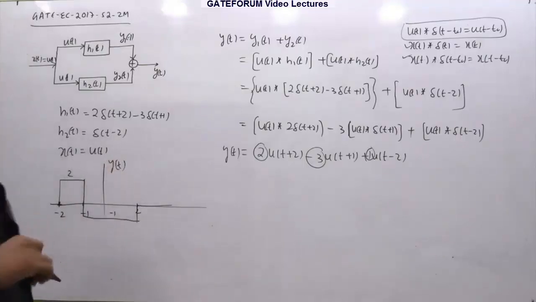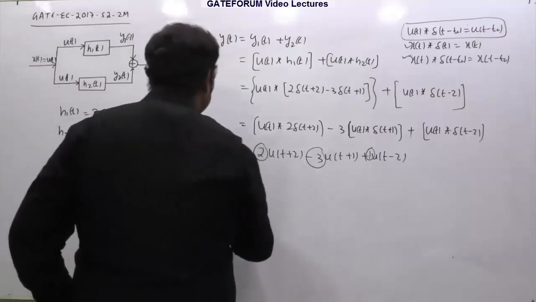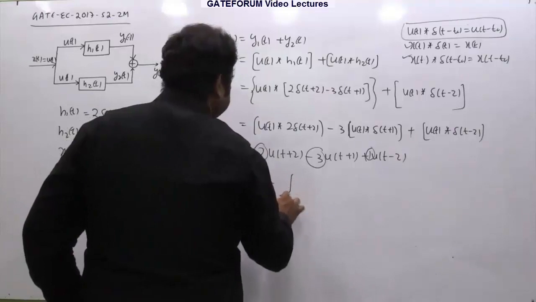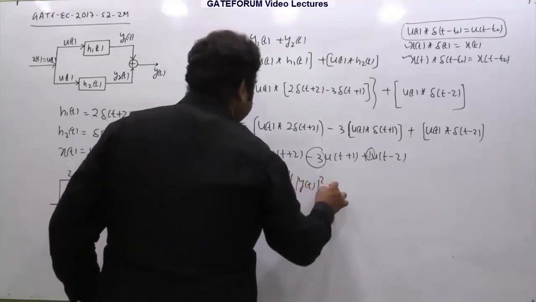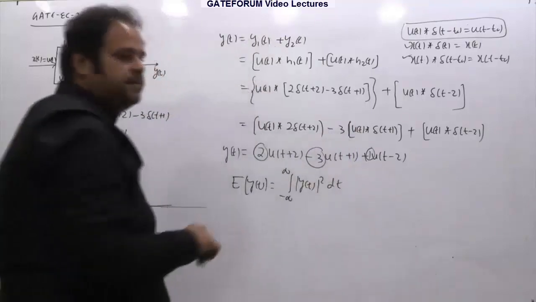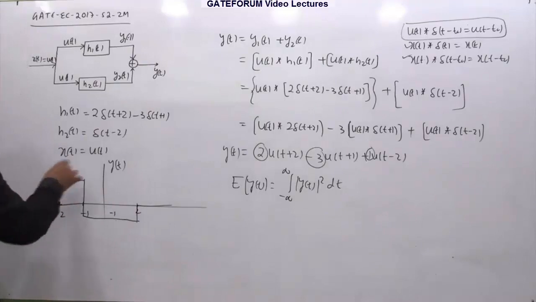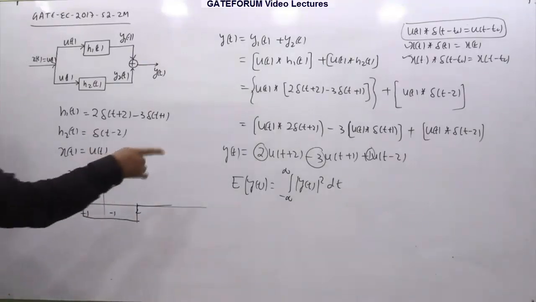We are supposed to find the energy of y of t. The energy of y of t is given by the integral from minus infinity to infinity of mod of y of t squared dt. Because in this case it is a real function, the mod doesn't have any role because of the square.